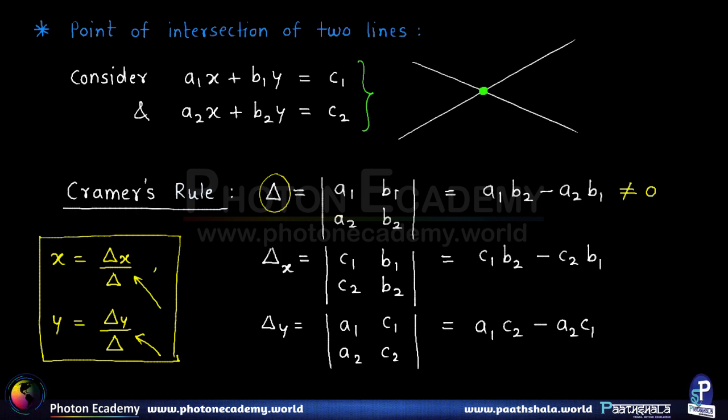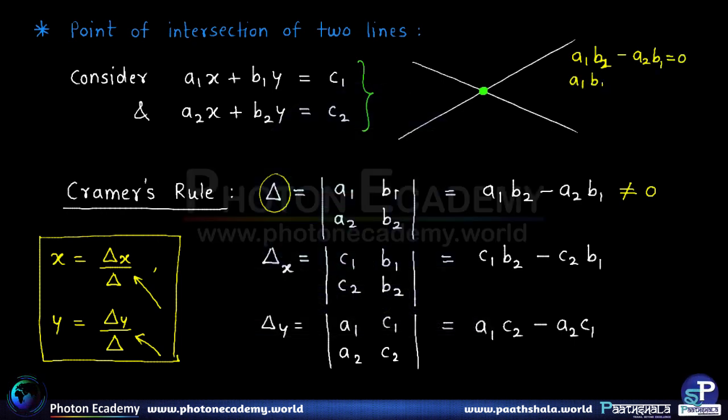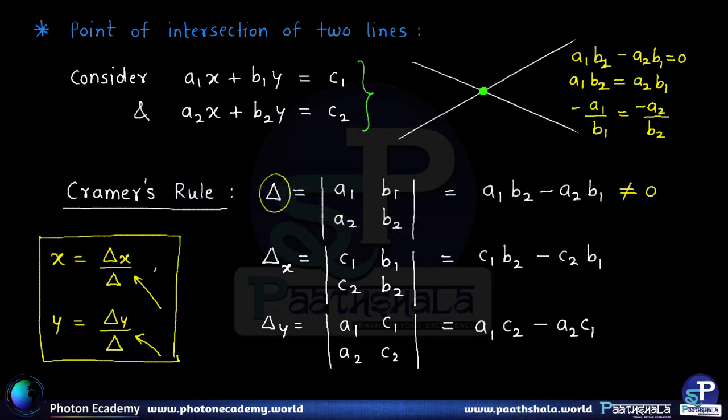And there is another way of looking at it. If delta is 0, that means a1 b2 minus a2 b1 is 0, so a1 b2 is equal to a2 b1, hence a1 upon b1 is equal to a2 upon b2, and that means minus a1 upon b1 is equal to minus a2 upon b2.